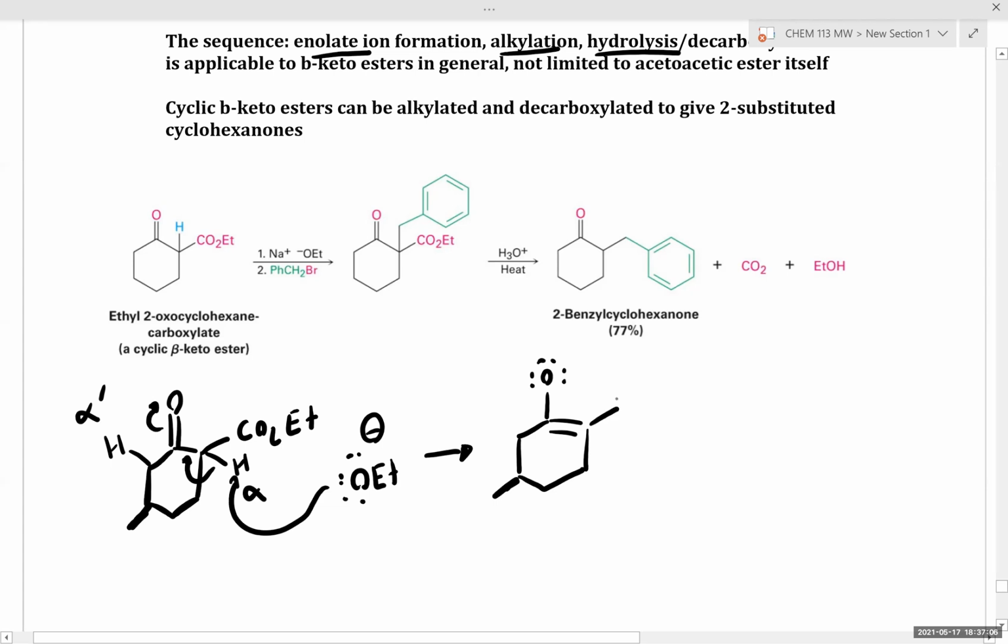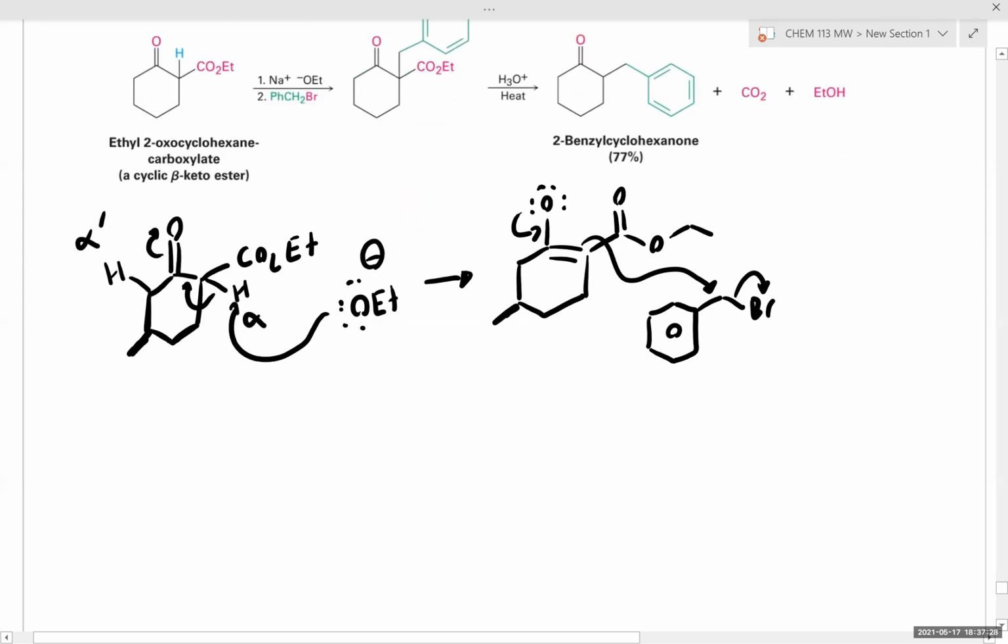So this allows us to control the regioselectivity of our alkylation, because once we make this enolate and we treat it with an electrophile, such as, for example, benzyl bromide, we can alkylate our enolate exclusively at the shown alpha position.